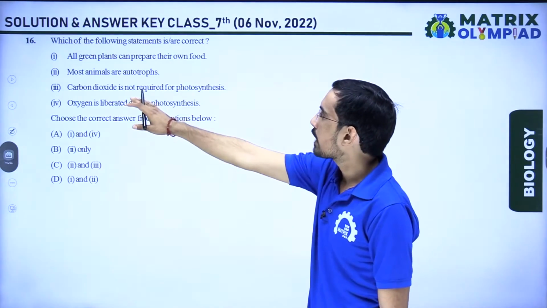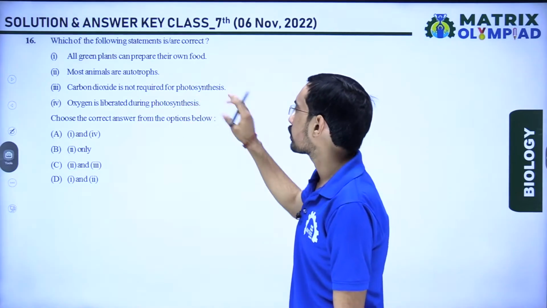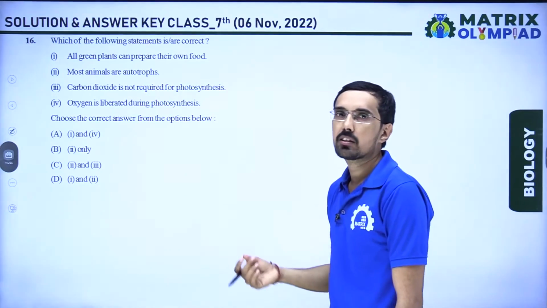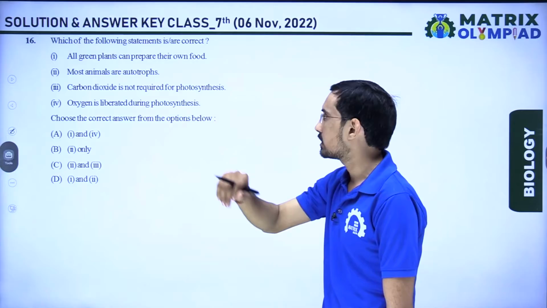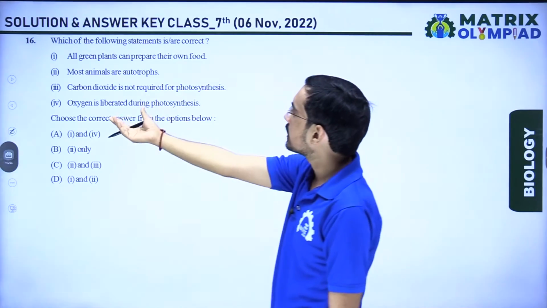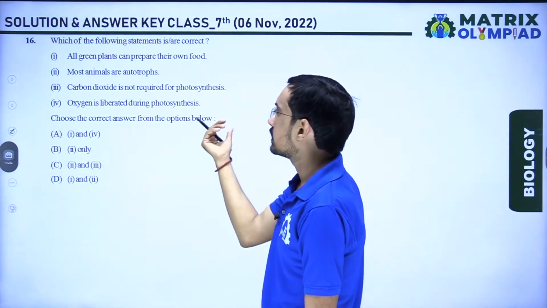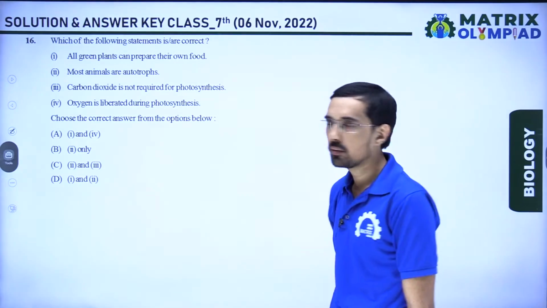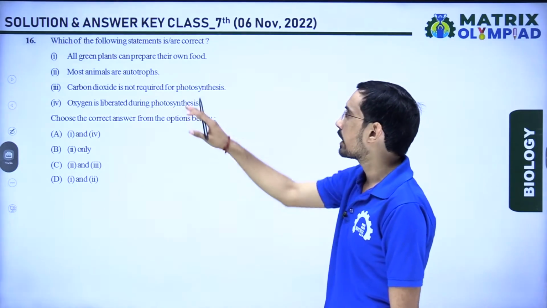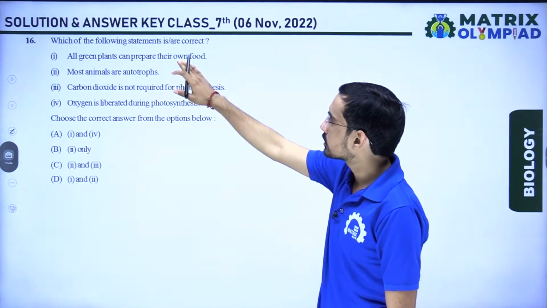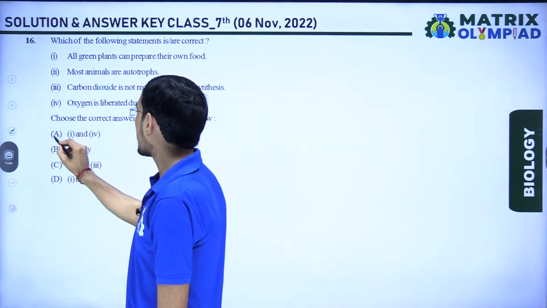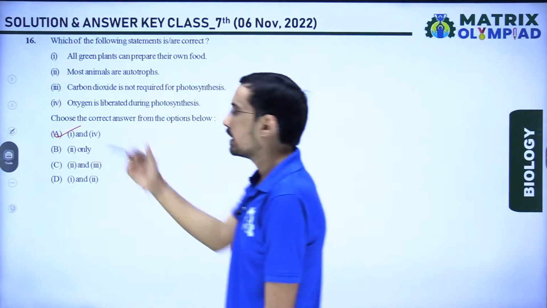Next, carbon dioxide is not required for photosynthesis. Carbon dioxide is a necessary element required for photosynthesis, so it is false. Oxygen is liberated during photosynthesis. As we all know, oxygen is an end product of photosynthesis. So our correct statements are first and fourth, given in option A. So our correct answer will be option A.